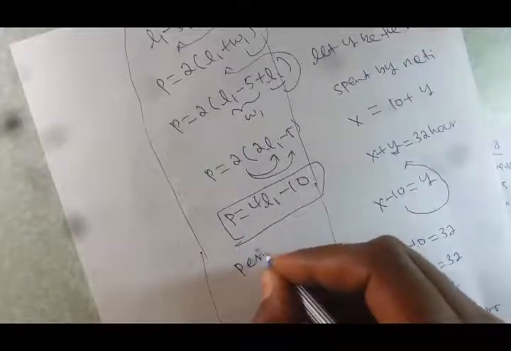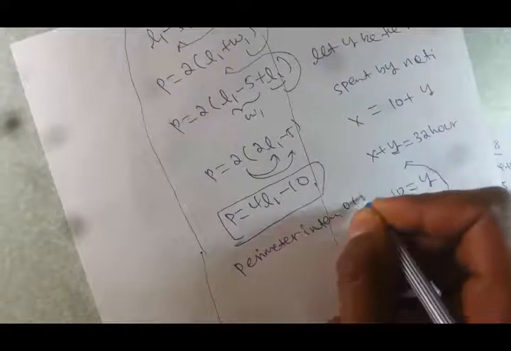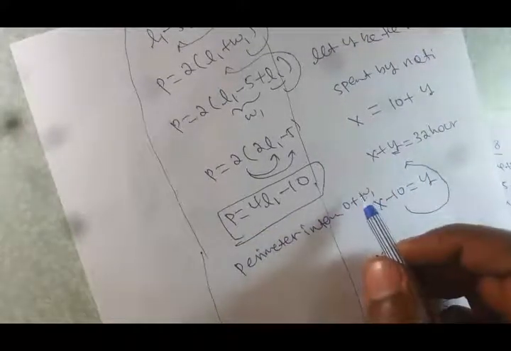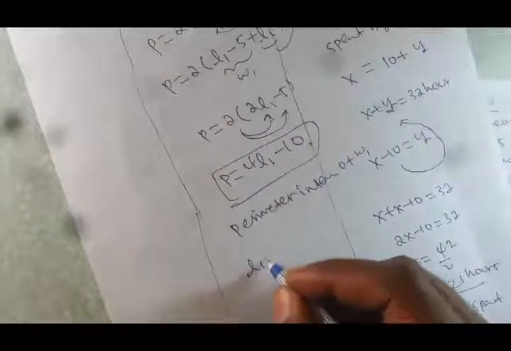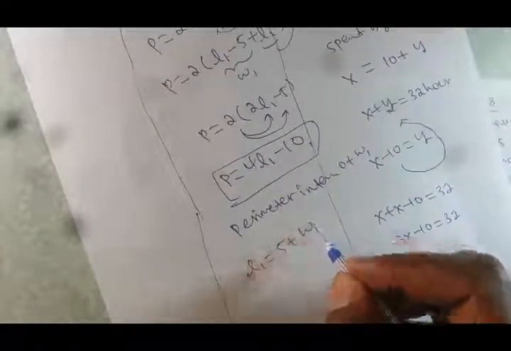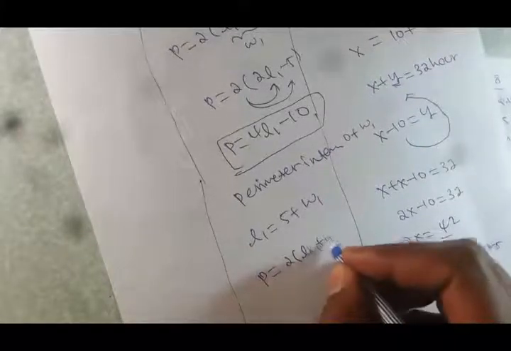If you are asked to find the perimeter in terms of W1, what is the variable other than W1? It is L1, so we have to eliminate L1, and L1 is given as 5 plus W1. Perimeter is calculated as 2 times (L1 plus W1).